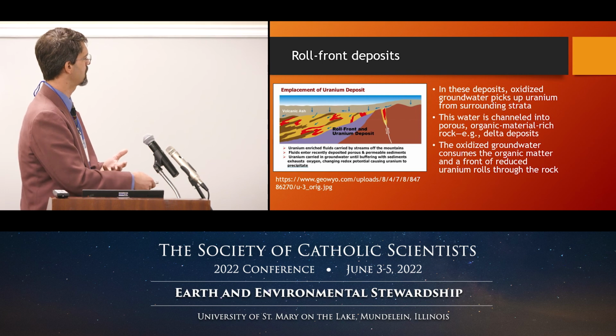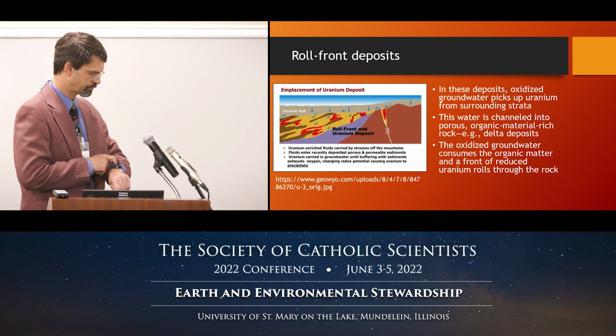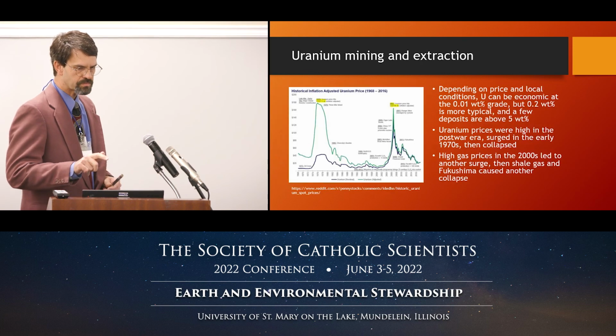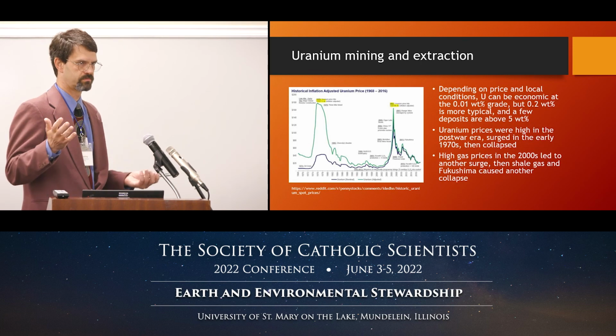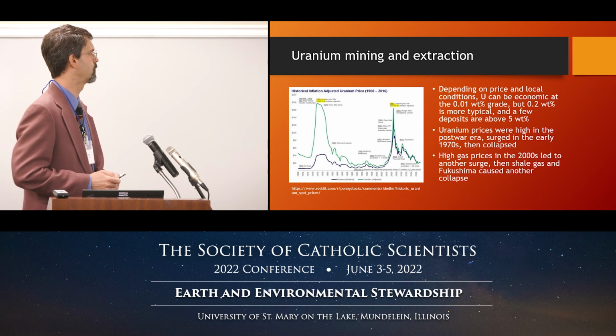These red tongues that are drooping at the edges are the roll fronts, and they give their name to the style of deposit. So, much for a very brief sketch of a couple of types of ore deposit and why uranium does this sort of thing.